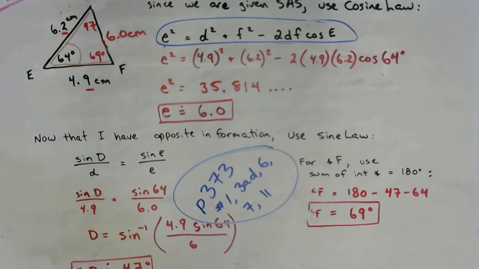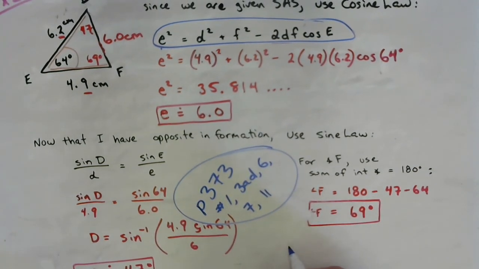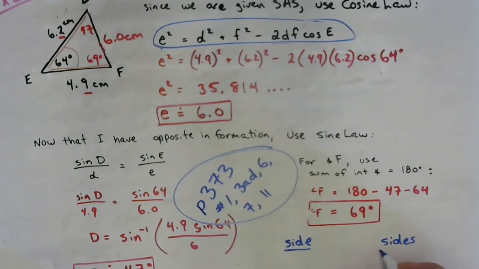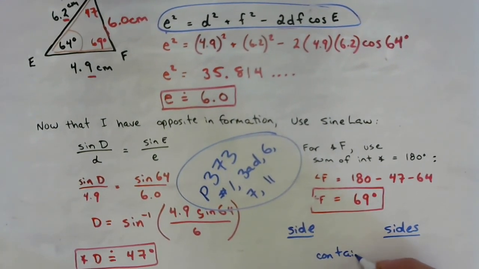And at the end, it says the cosine law can be used to find a missing side length if the other 2 sides and their contained angle are known.